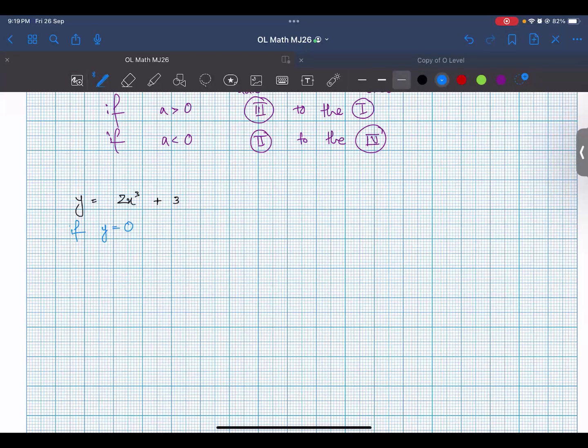When your y is 0, this would become 0 equals 2x cube plus 3, and 3 would go over there, becoming minus 3. 2x cube equals minus 3, so minus 3 upon 2 equals x cube. And you have got x as the cube root of negative 3 upon 2. How much is this?